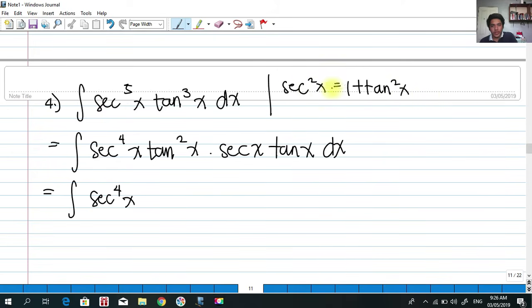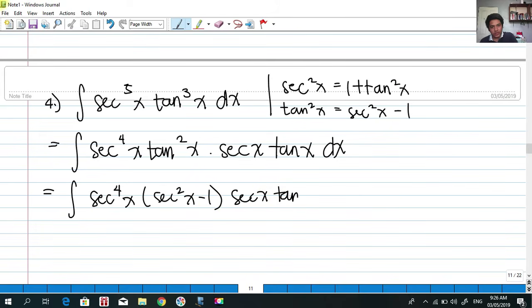So tangent squared x is simply equal to secant squared x minus 1. So we are going to express this as secant squared x minus 1, multiplied by secant of x tangent of x dx.